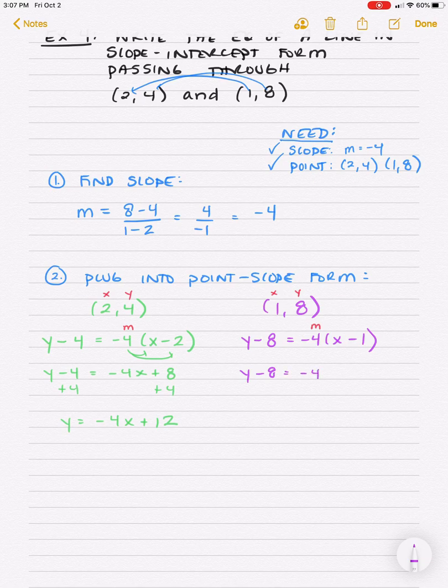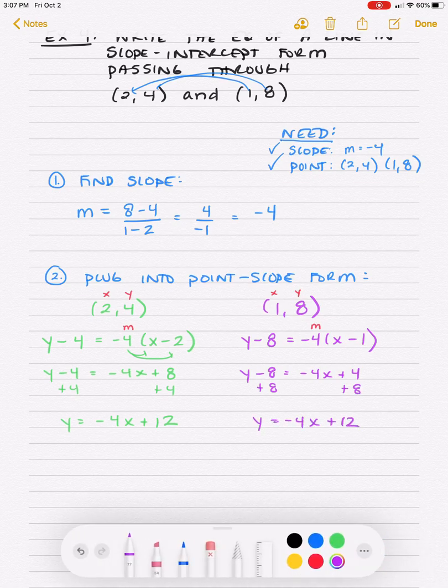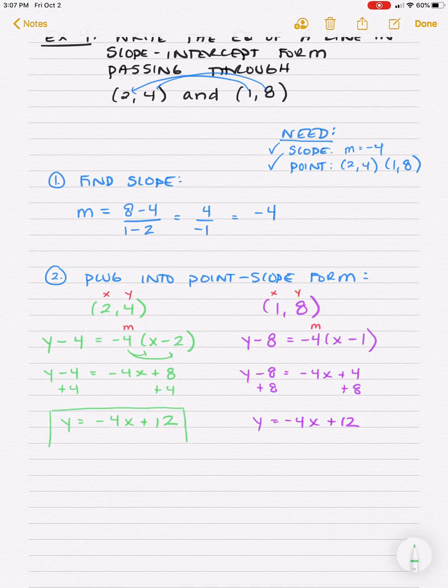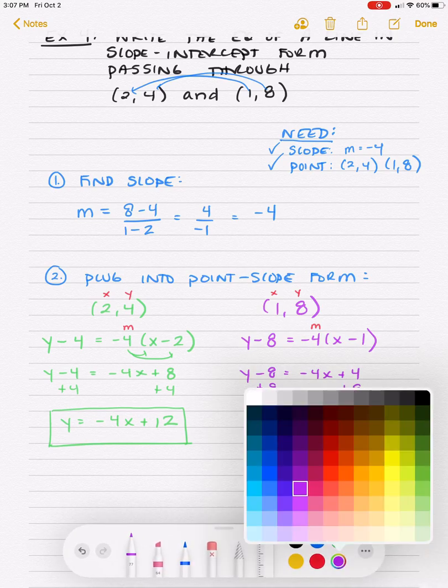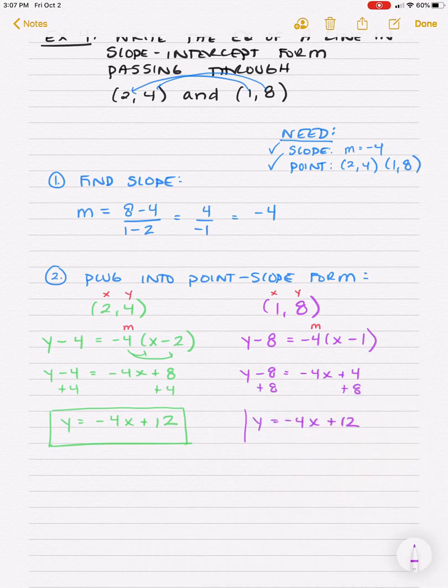Again, distribute that negative 4. When I add the 8 over, what we see is you end up with the same thing. That's why I like ending with that example: whether you use the first point that was given or the second point that was given, you're going to see right here that we get the same thing.